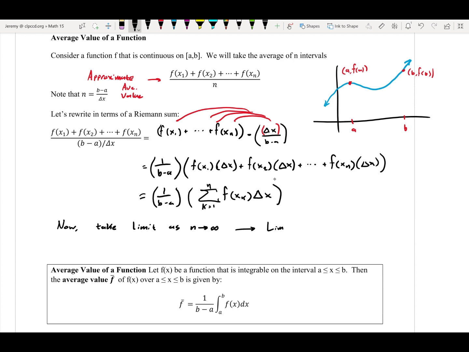The limit as n goes to infinity of 1 over b minus a times the sum from k equals 1 to n. So just our Riemann sum.